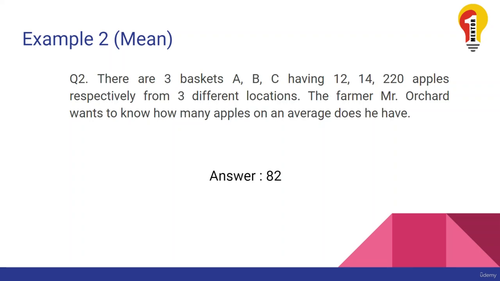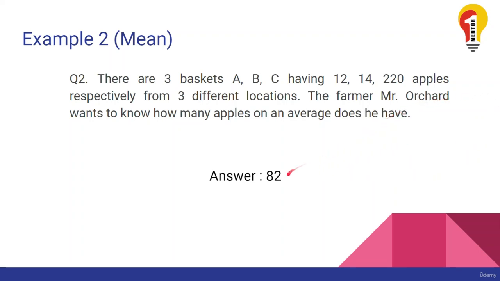Now you see that it's way bigger than what we got earlier, just because there is this one particular value that pulls the mean towards itself. The mean is the average, so it says that if you have three places, on an average you get somewhere around 82 apples from each place.